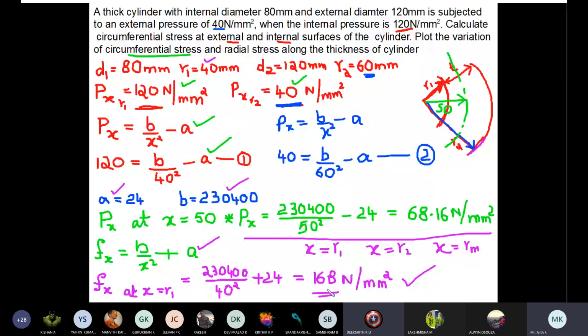Next, using the same equation, you have to calculate fx at x is equal to R2. Substitute x is equal to R2, and the value of R2 is 60. The equation is b by x square plus a.